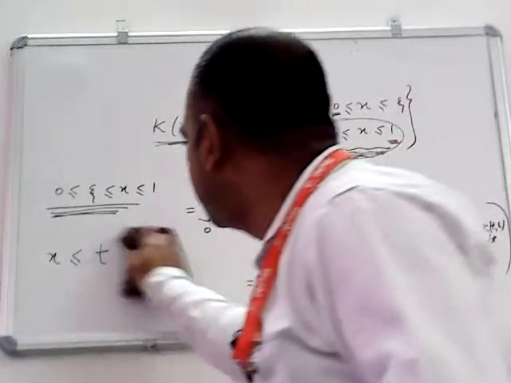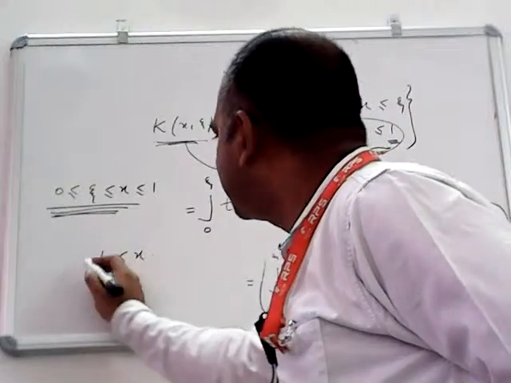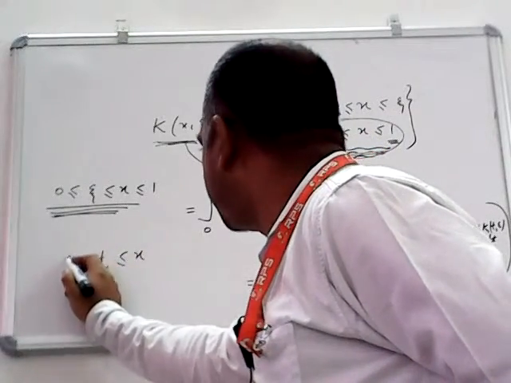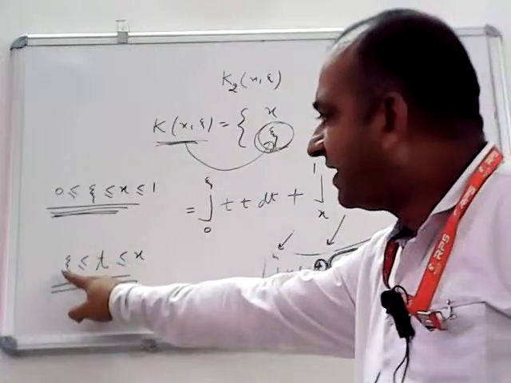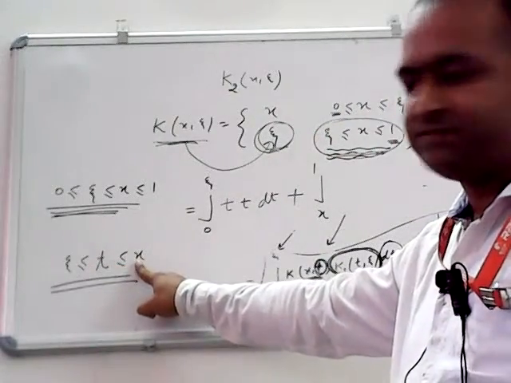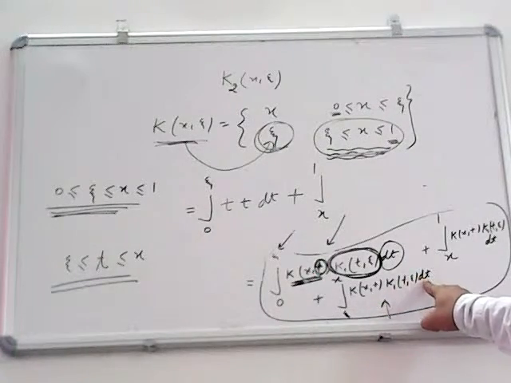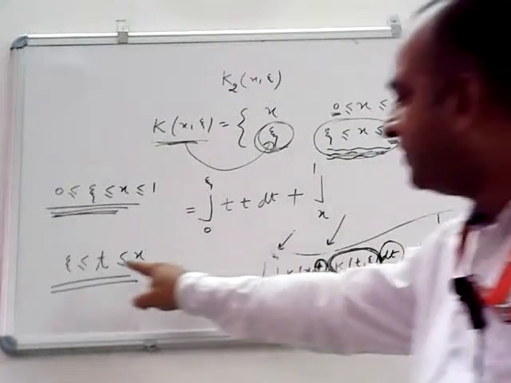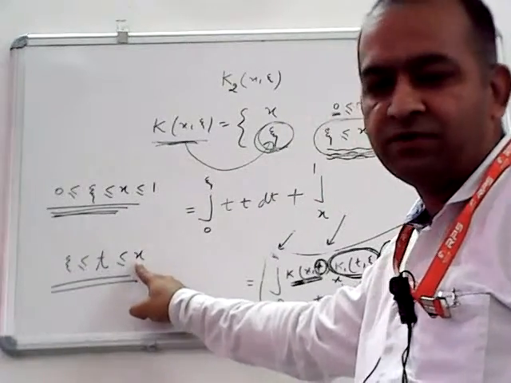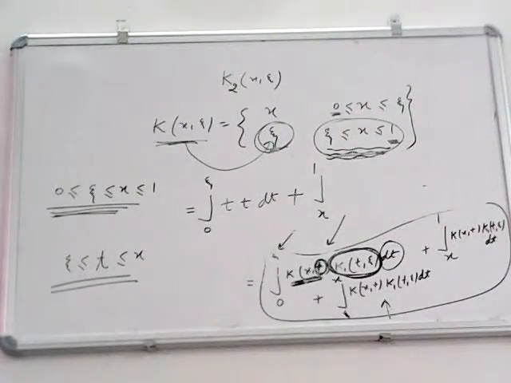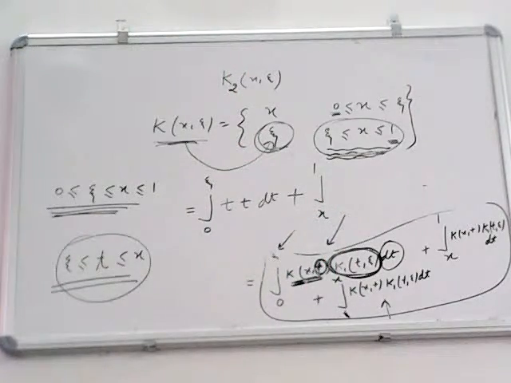So in this scenario we have t less than or equal to x and greater than or equal to xi. You can see that again xi is less than x in this second integration, as the limits of t are from xi to x. So we can say that t is greater than or equal to xi and less than or equal to x. So we are discussing this particular case in the second integral.